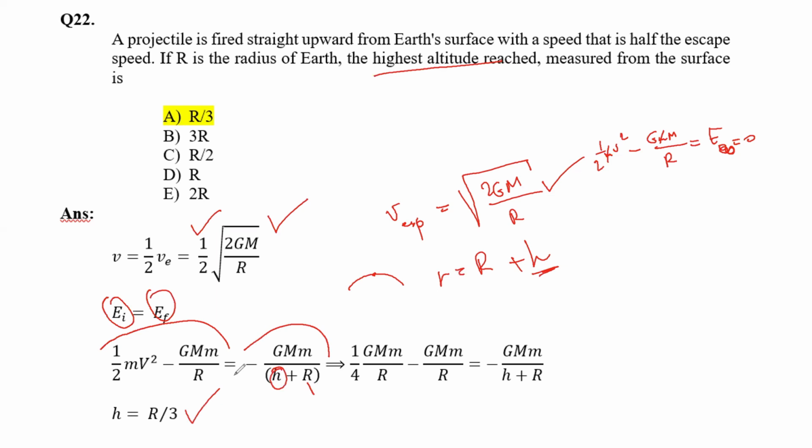Conservation of mechanical energy. I don't want to see conservation of mechanical energy and you are using mgh. No, for gravitation, conservation of mechanical energy now is different. Okay? I will not use gravitational potential energy as mgh. No, this is false. I will use gravitational potential energy as minus GMm divided by r.